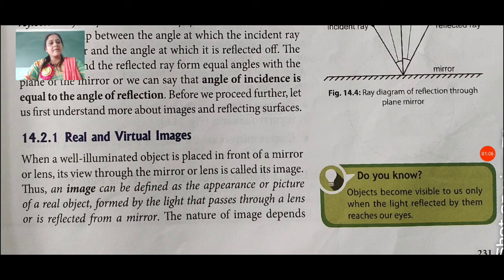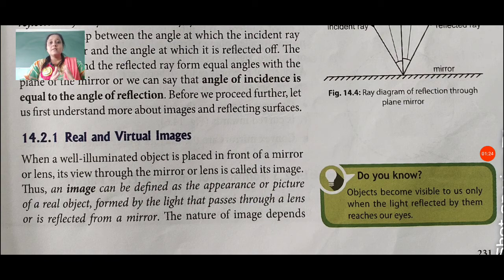Thus, an image can be defined as the appearance or picture of a real object. When any object is placed in front of a mirror, you can see the same thing in a mirror or lens.